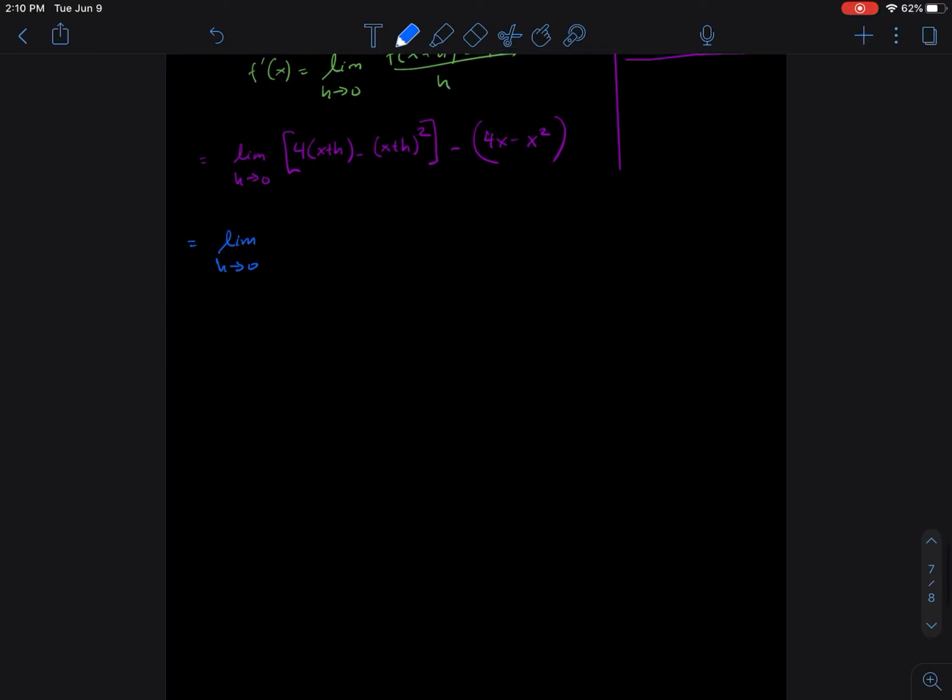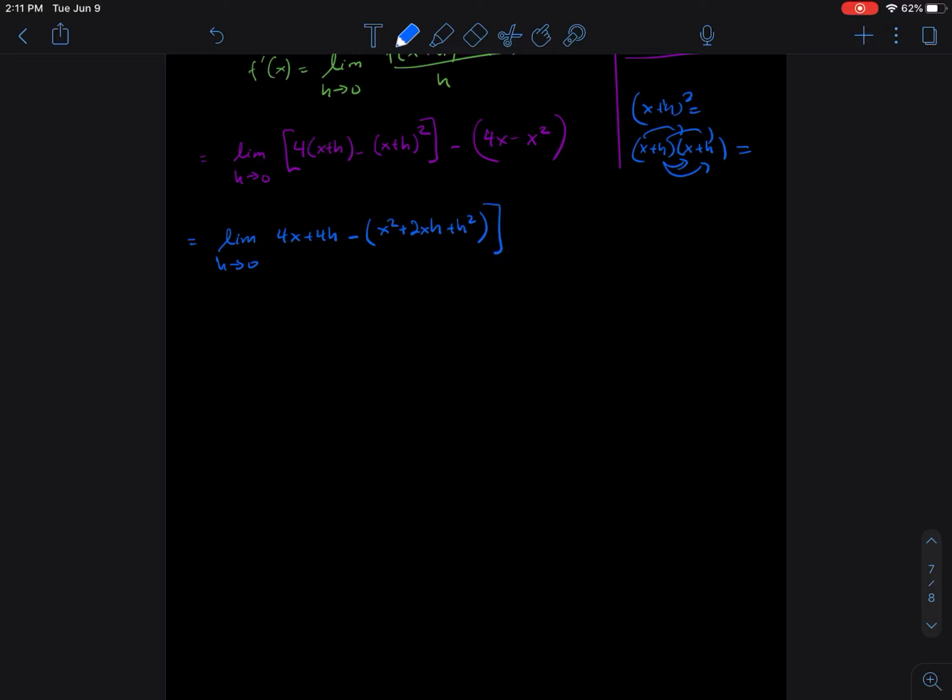I'll distribute the 4 into x plus h, so that becomes 4x plus 4h, minus, keeping this parenthesis for now, and I'll square x plus h on the side. x plus h squared is x plus h times x plus h, so using the FOIL method we get x squared plus 2xh plus h squared, close parenthesis, close bracket. Then I'm going to distribute this negative sign to both of these terms, so that becomes minus 4x plus x squared, over h. Oh, I missed the h over there.